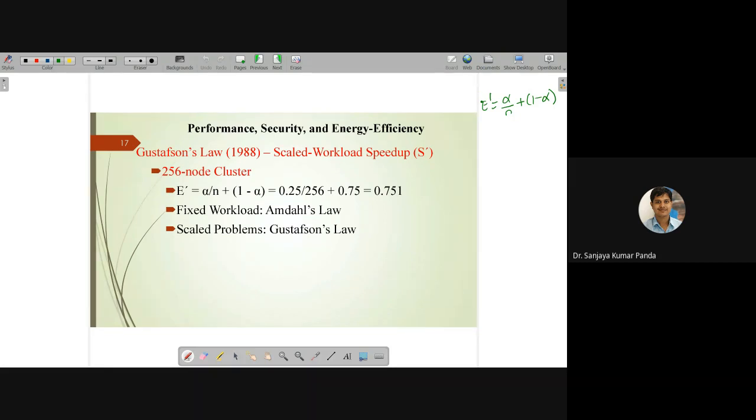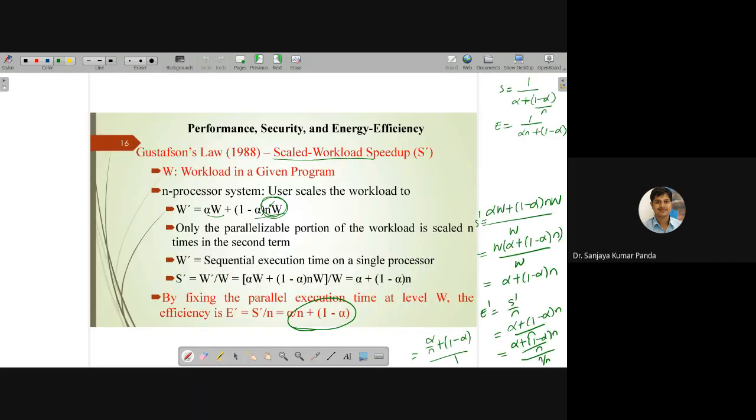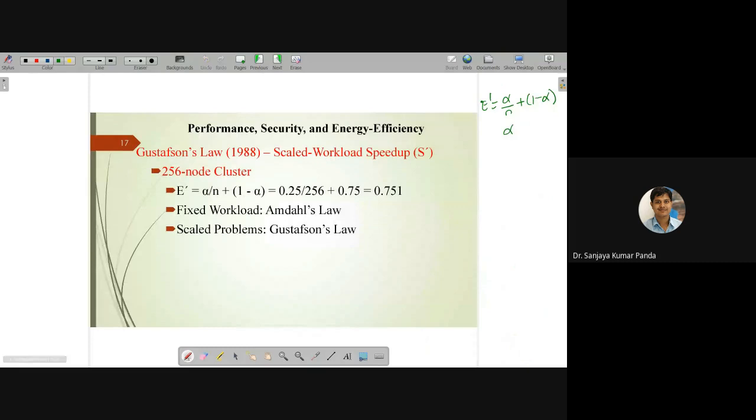Whereas, how to calculate the speed up? The speed up can be calculated here as alpha plus 1 minus alpha n is equal to speed up.